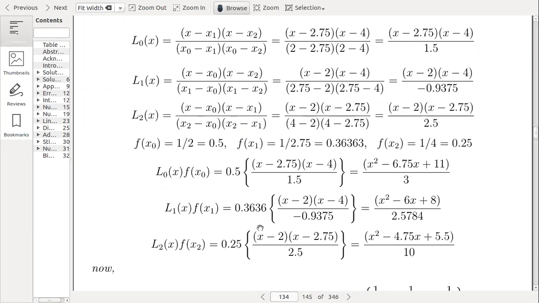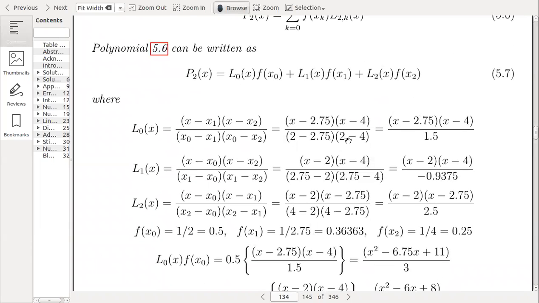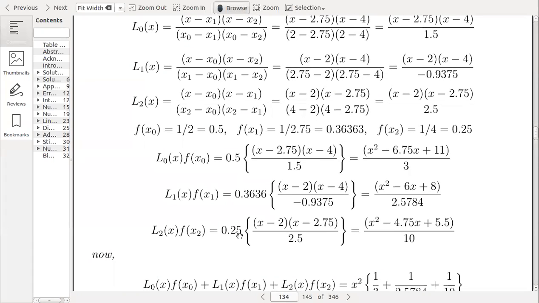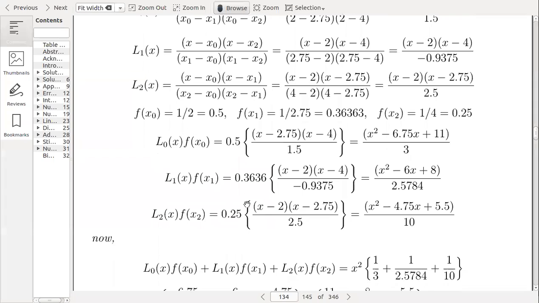And similarly the third term, the third factor, L2 of x into f of x2, is equal to 0.25 into (x minus 2)(x minus 2.75) over 2.5. We have simplified this and we have got x square minus 4.75x plus 5.5 over 10.